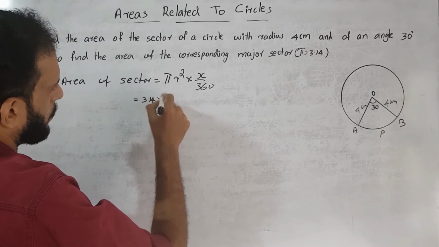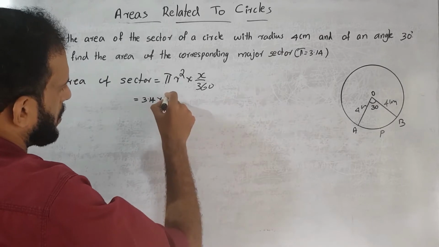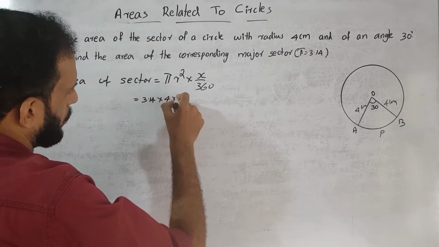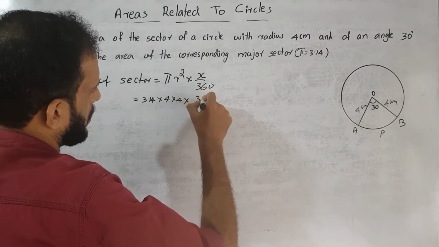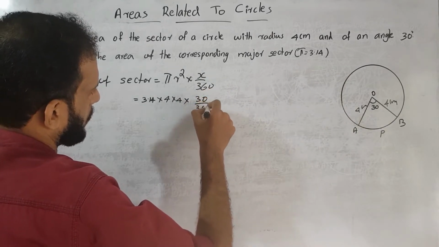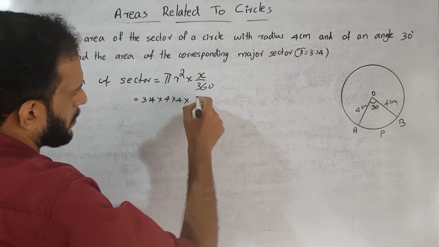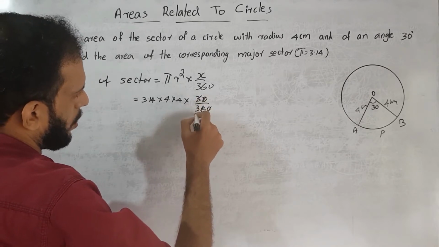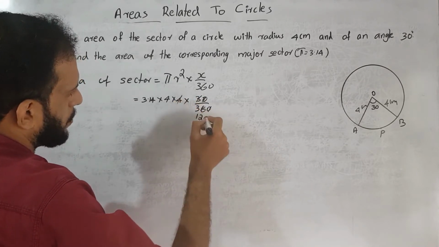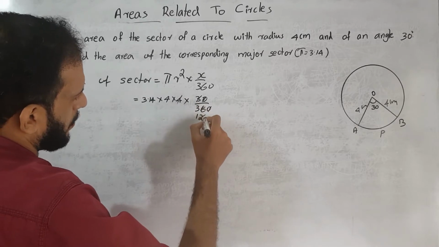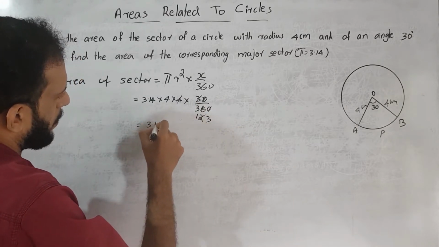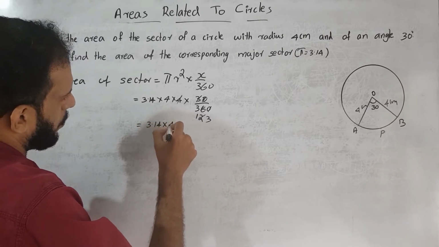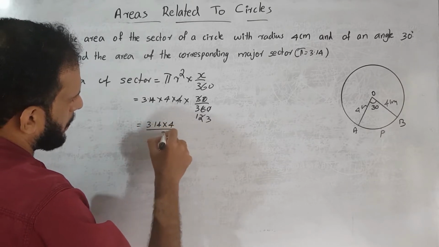R is the radius, that means 4 square, 4 into 4. x is 30 by 360. Then the 0 cancels, then 3 is 12 times, and 12 can be reduced by 4, so we get 3.14 into 4 by 3.